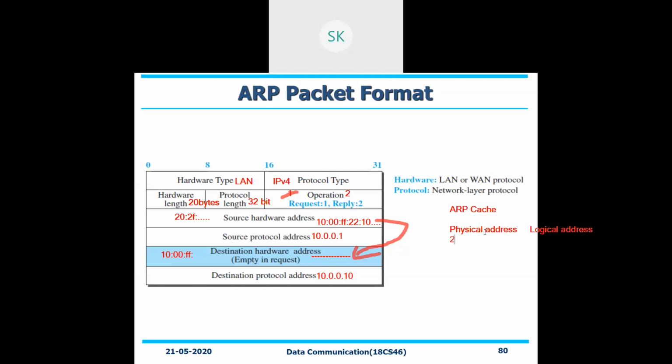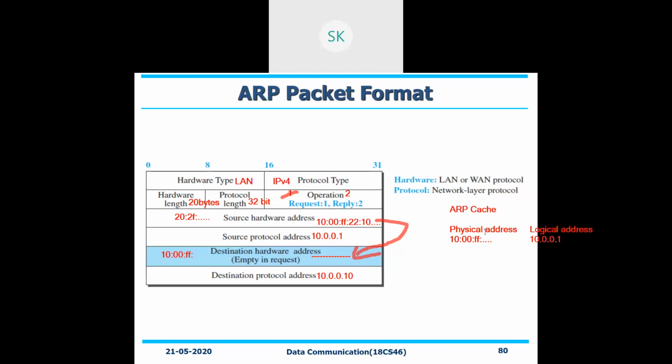The physical address is 10.00.FF followed by 20 byte length, whatever you have. The logical address will have 10.0.0.1.